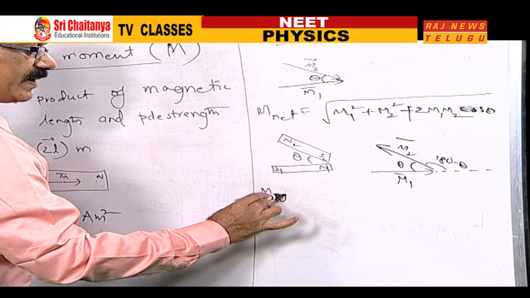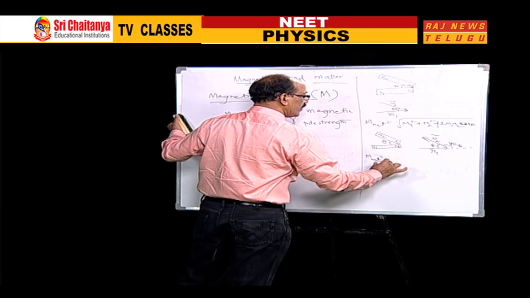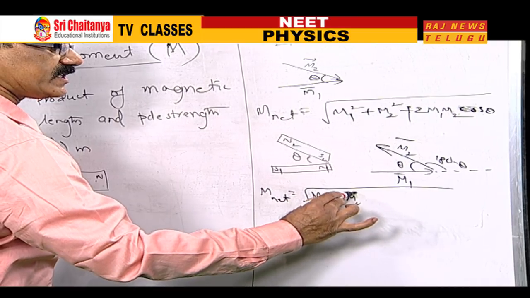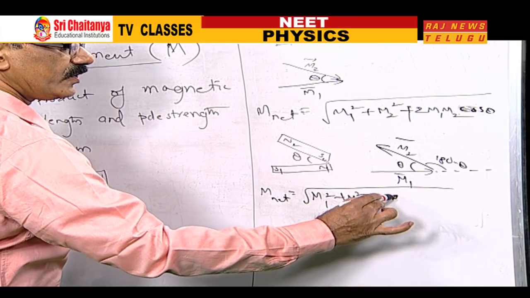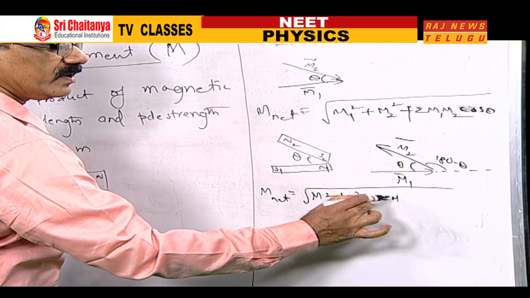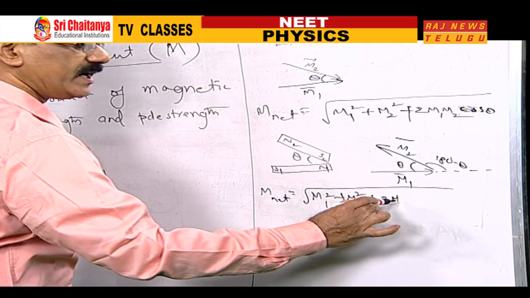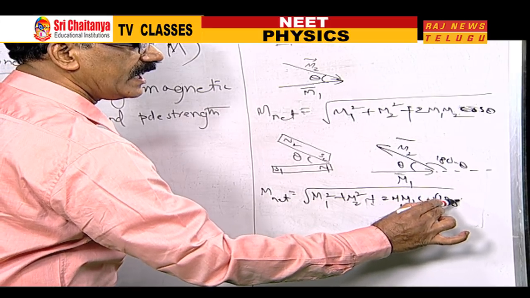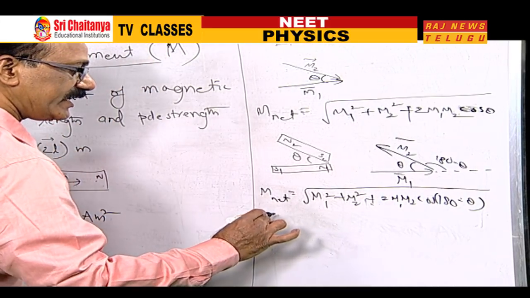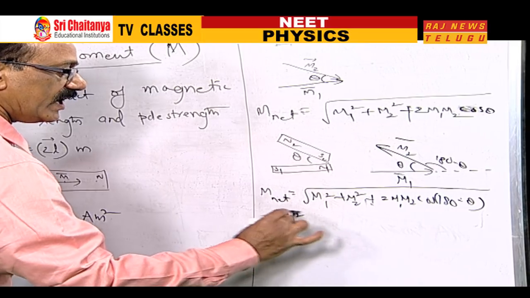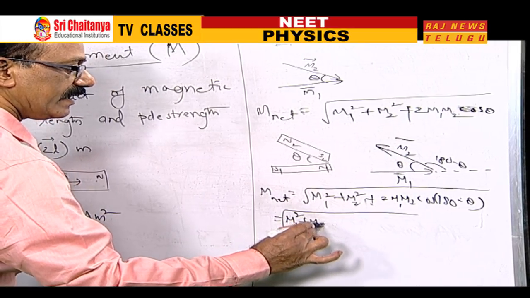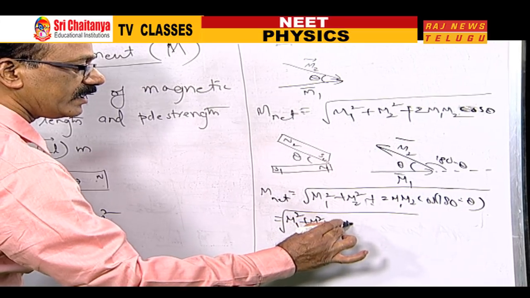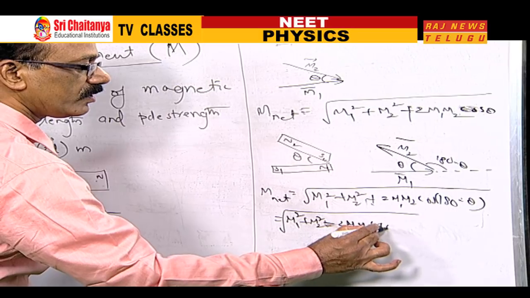Again from the parallelogram law of addition of vectors, the net magnetic moment is the root of M1 square plus M2 square plus 2 M1 M2 cos of 180 minus theta, and on simplification we get root over M1 square plus M2 square minus 2 M1 M2 cos theta.